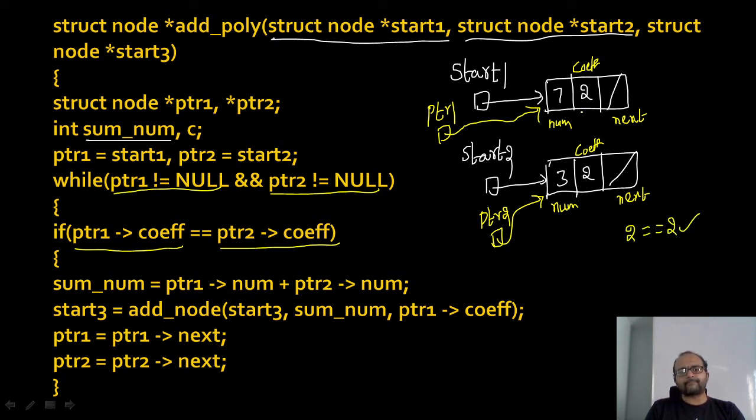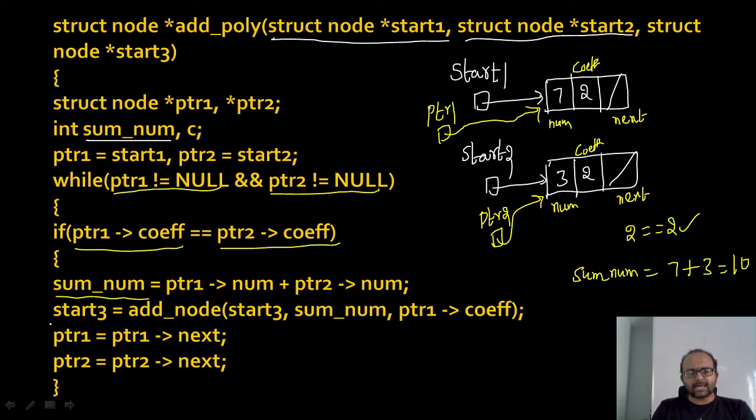Hence we can perform the addition operation on these polynomials, right? So sum underscore num is equal to ptr1 arrow num plus ptr2 arrow num. ptr1 arrow num is 7 and ptr2 arrow num is 3. 7 plus 3 is equal to 10.